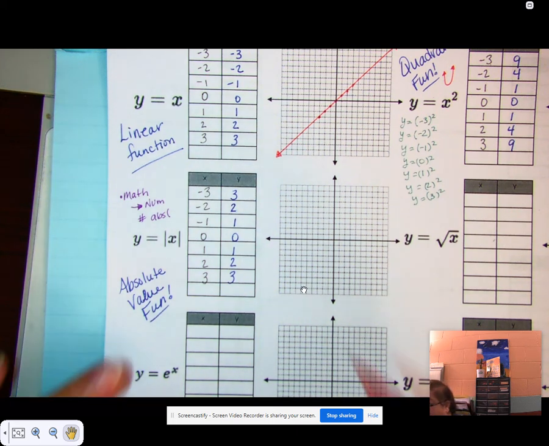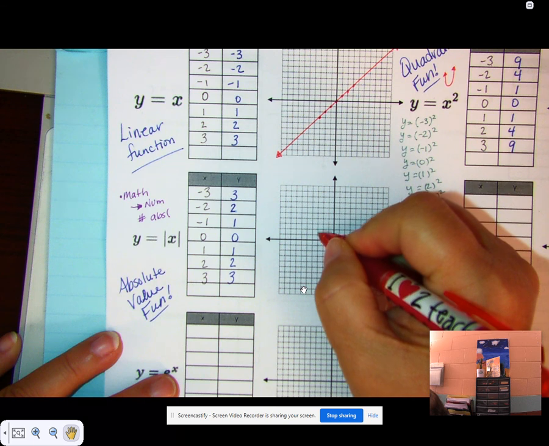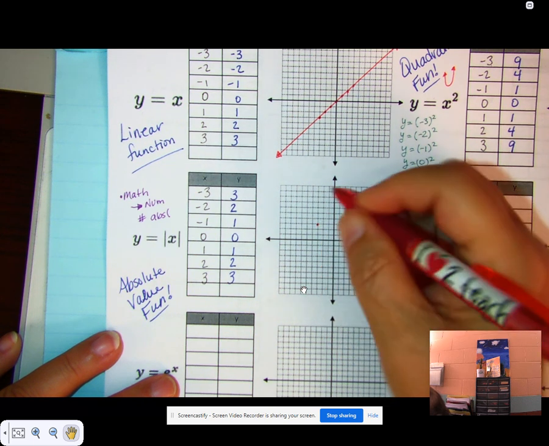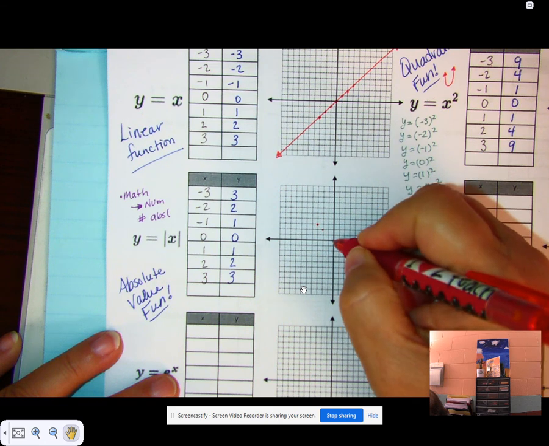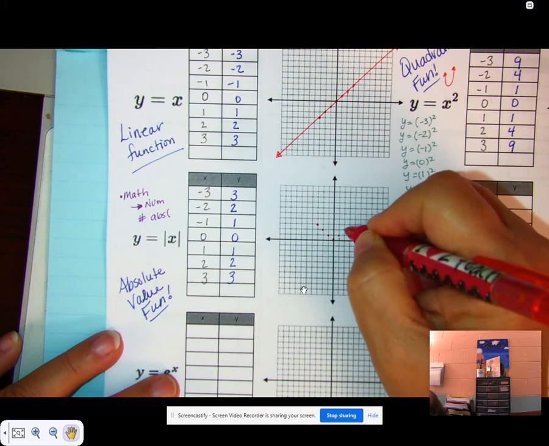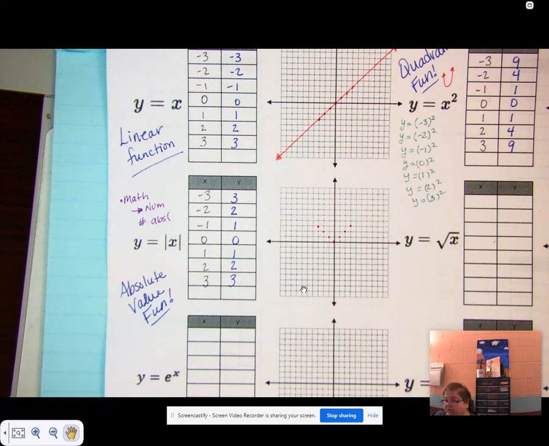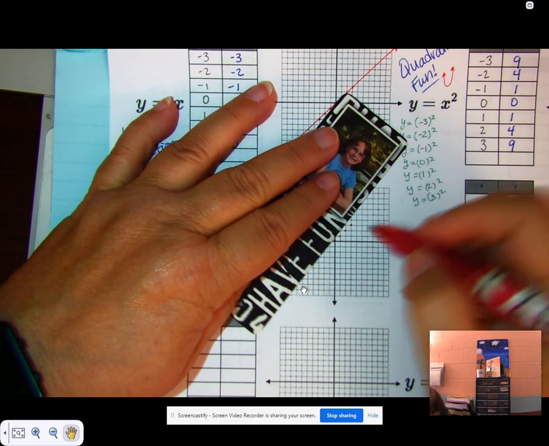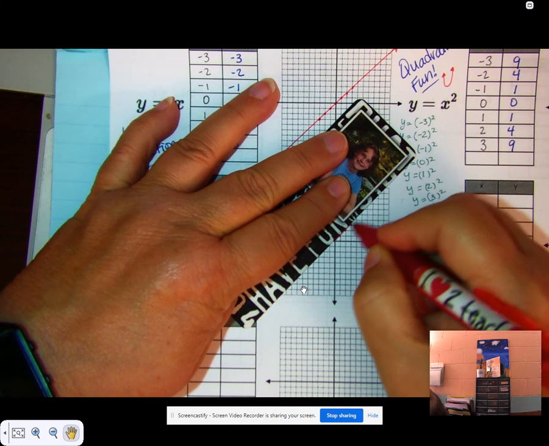And then when we graph this, we're going to start negative 3 on the x, positive 3 on the y, negative 2 x, positive 2 y, negative 1, positive 1, 0, 0. Positive 1, positive 1. And notice how that makes a mirror image also. However, because the x is not squared, it really does create straight lines.